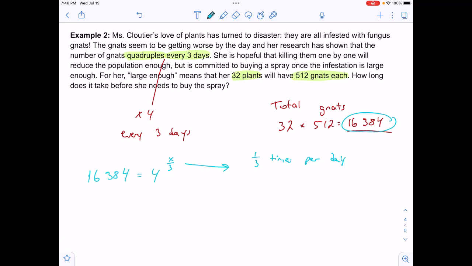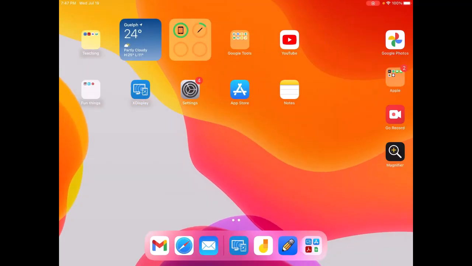Now we can go ahead and simplify, or we can solve using the exponent solving strategies that we saw previously. Now, I don't know about you, but I do not know off the top of my head if 16,384 has 4 as a base, like if that's 4 to the power of something. So one way that you can literally guess and check is you're going to open up your calculator.